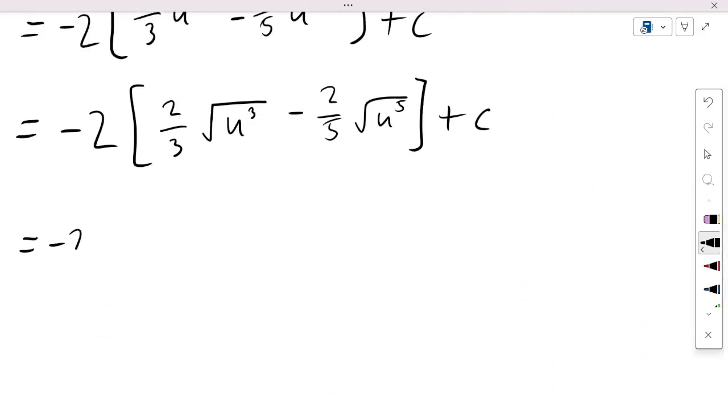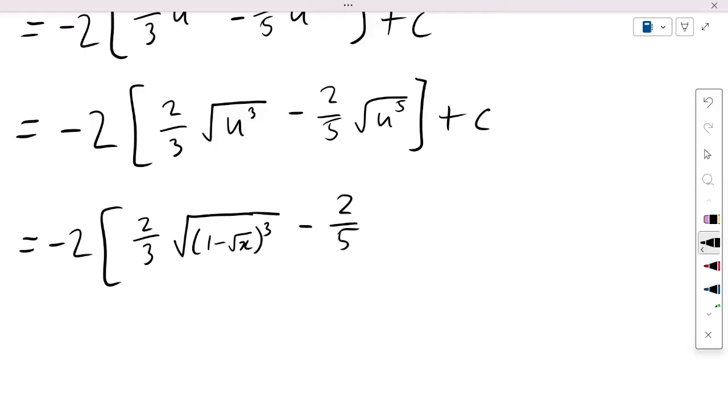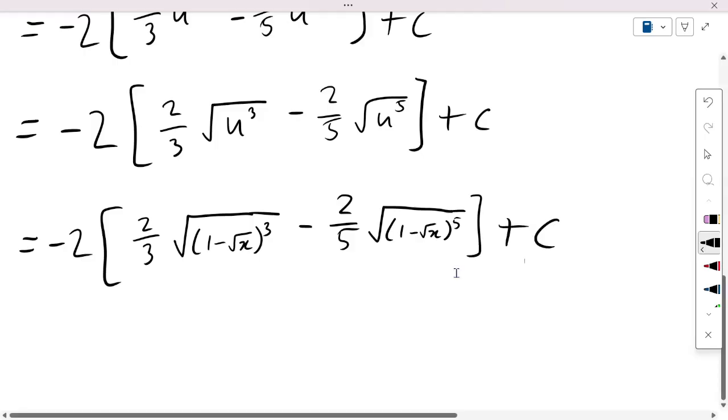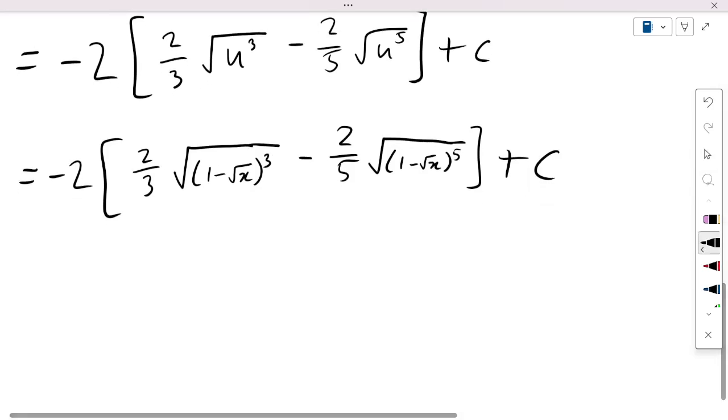This is equal to negative 2, and this is going to be 2 over 3 multiplied by 1 minus root x raised to the power of 3, like that, minus 2 over 5 multiplied by the square root of 1 minus root x raised to the power of 5, plus c. Okay, and then let's take this negative 2 into the brackets.